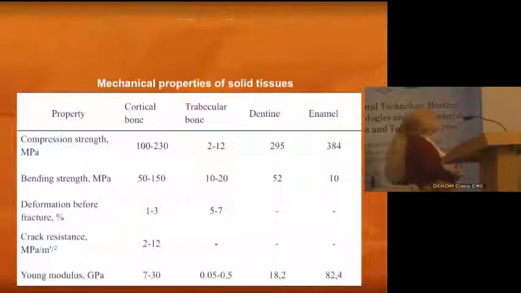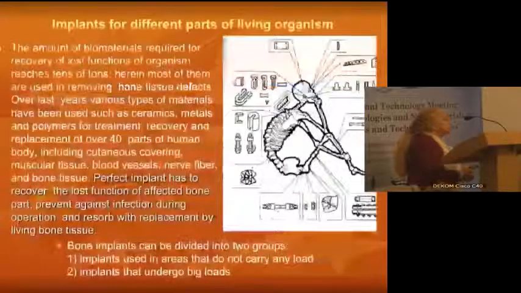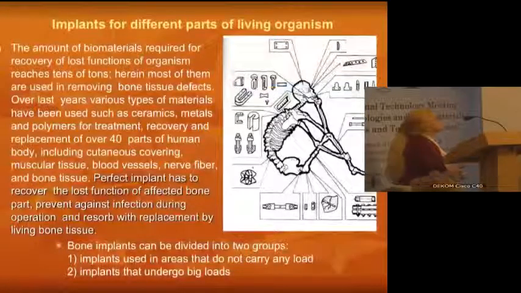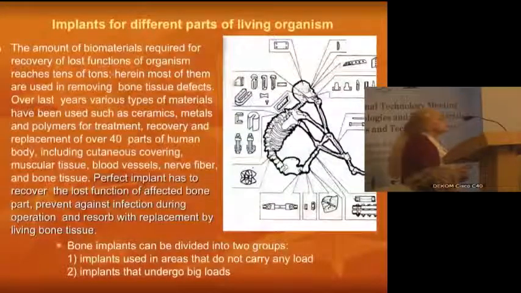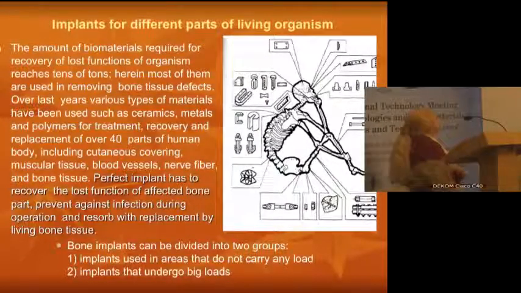What I'm going to tell you about in my presentation is calcium phosphate ceramics. What is calcium phosphate ceramics? It is prone to adhesion of the tissues that surround that material.